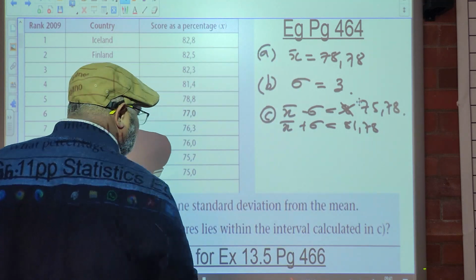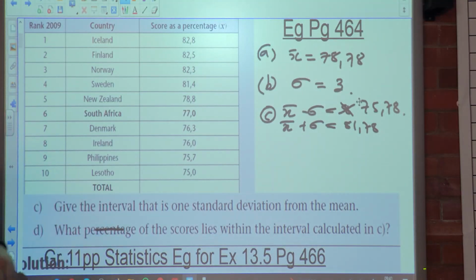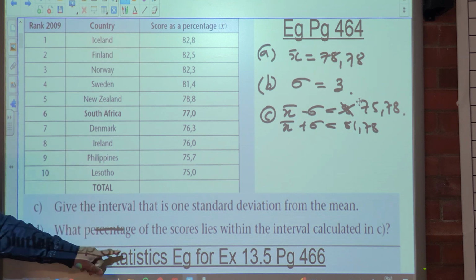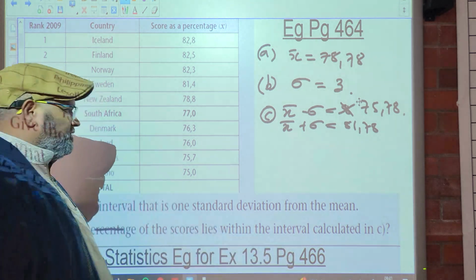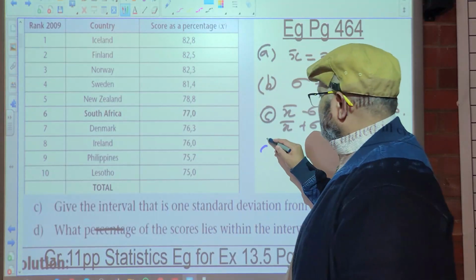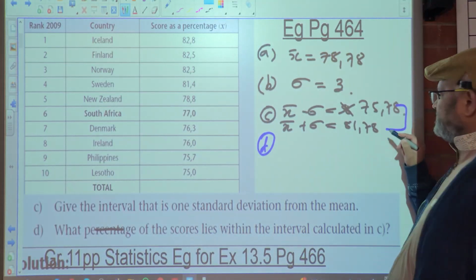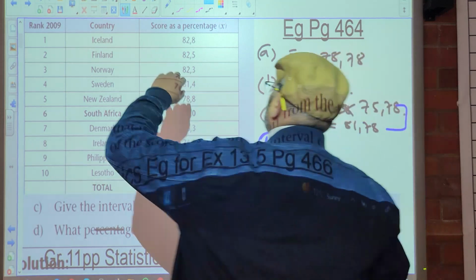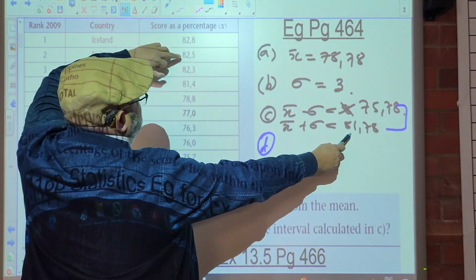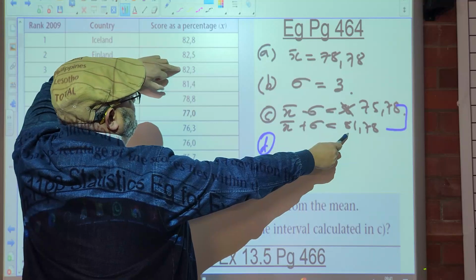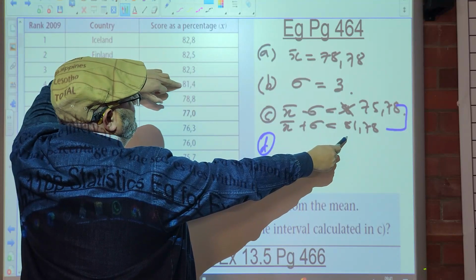So let's count how many. Okay, so here it says give the interval that is 1 standard deviation of the mean. We just did that. What percentage of the scores lies within 1 standard deviation of the mean? So we are now setting up a range for the data set. Is 82.8 outside or inside the data set? Outside. 82.5? 81? Outside. 81.4.